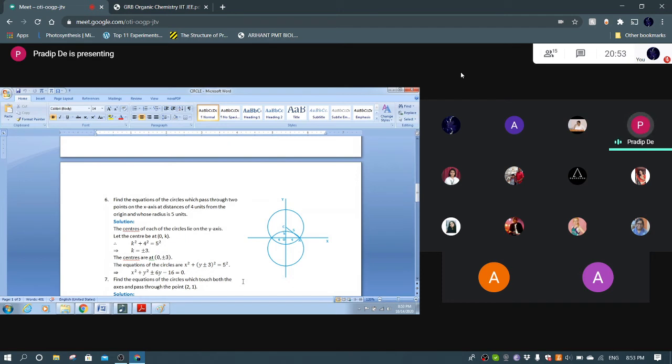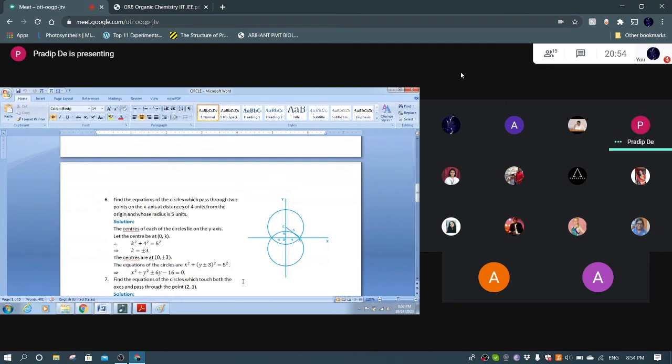So how to begin with? Let the radius of the circle be r. It passes through 2 comma 1 and touches both the coordinate axis. Therefore, the center of the circle is at r comma r.